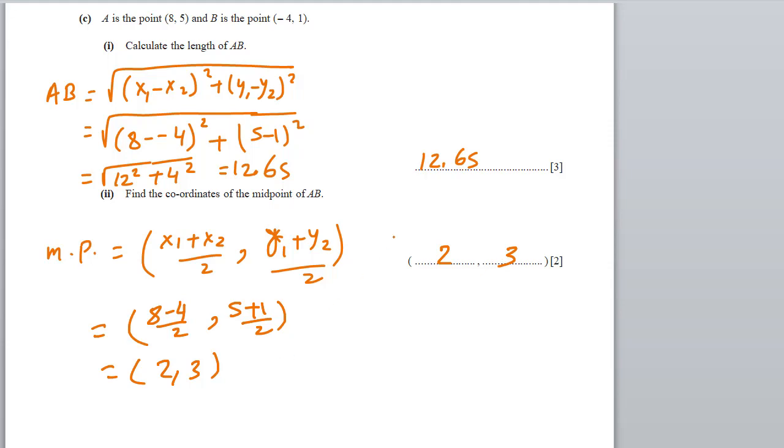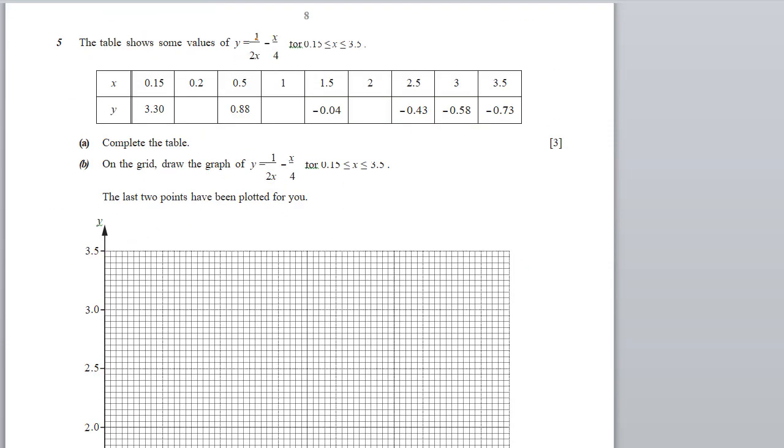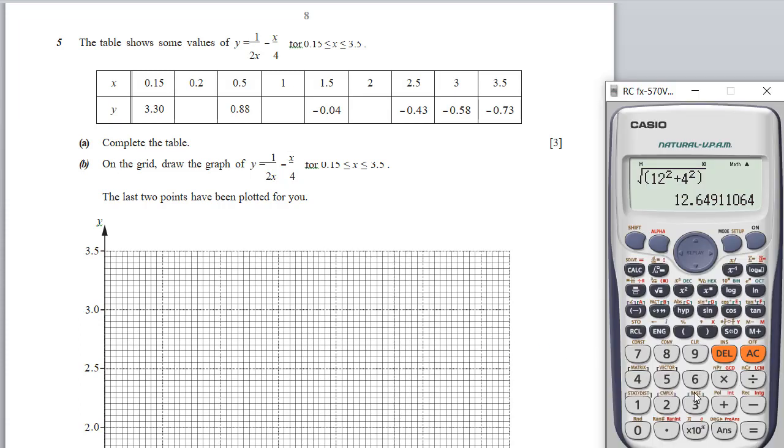Okay. The table shows some values of y equal to 1 over 2x minus x divided by 4, for x bigger than or equal to 0.15 and less than or equal to 3.5. Now complete the table. Let us start by finding our calculator.